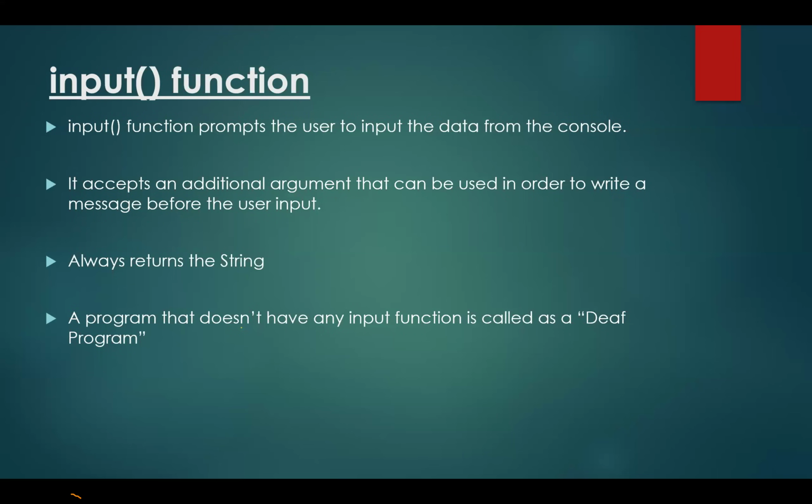For taking user input, we are basically using the input function, which will ask you to take the input from the user from the console. And the input function always returns a string.